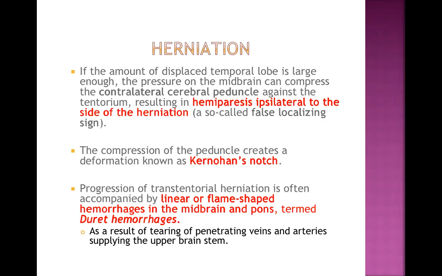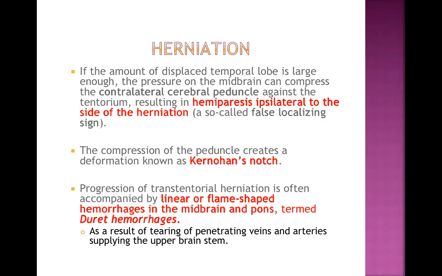This hemiparesis occurs on the ipsilateral side of the herniation, because this cerebral peduncle will go downwards, and when they reach the medulla oblongata, remember which type of fibers they are carrying? They are carrying corticospinal fibers. So they will cross at the medulla oblongata, the pyramidal area, so that they will again come towards the same side.